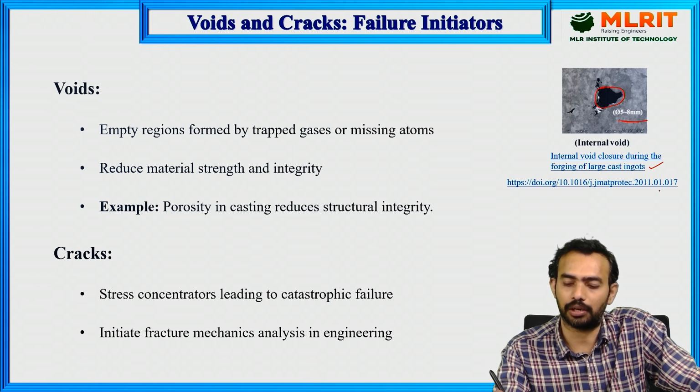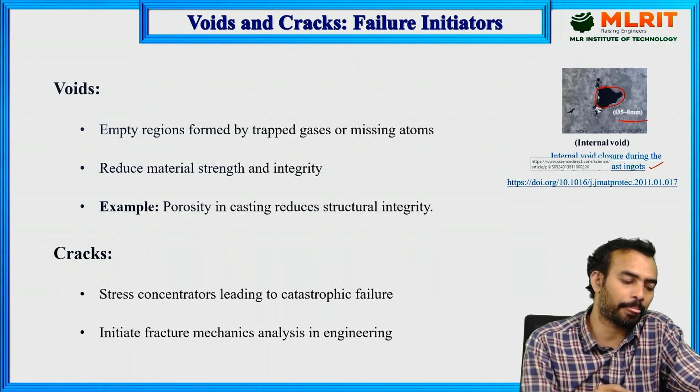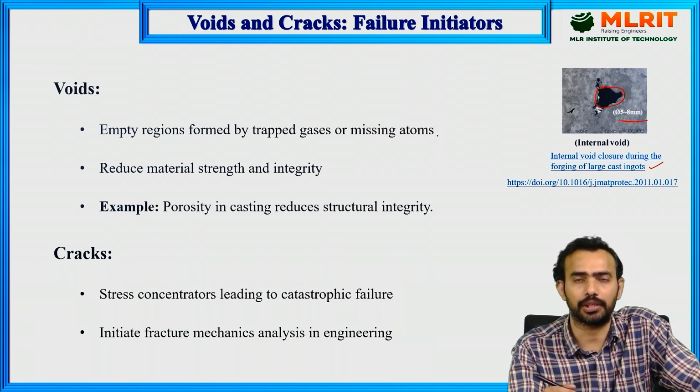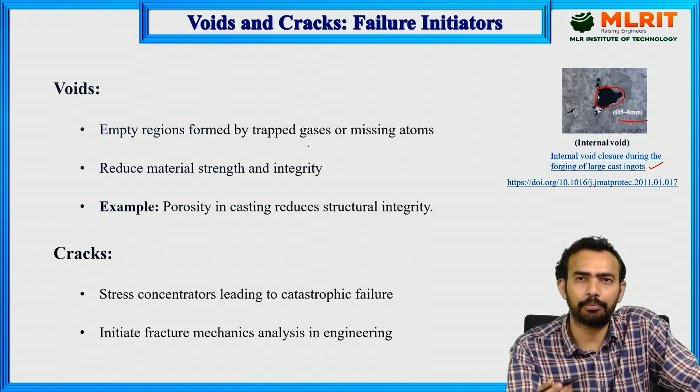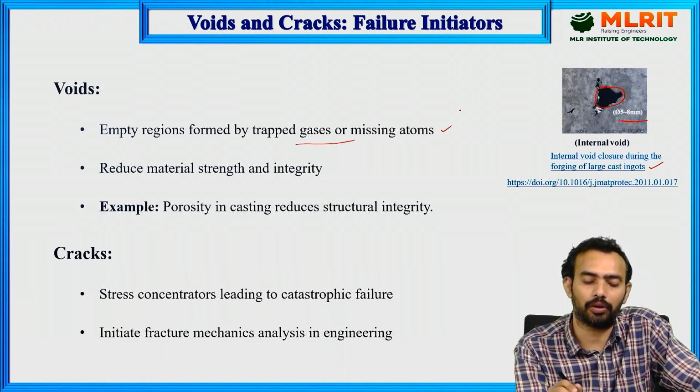In this article, they presented this microscopic image, which was noted with 5 to 8 mm of void and empty space. These are empty regions formed during the manufacturing process, especially during casting. Also, we observe it most often: certain gases will be trapped in the material, and that causes voids. Empty regions are formed by trapped gases and/or missing atoms.